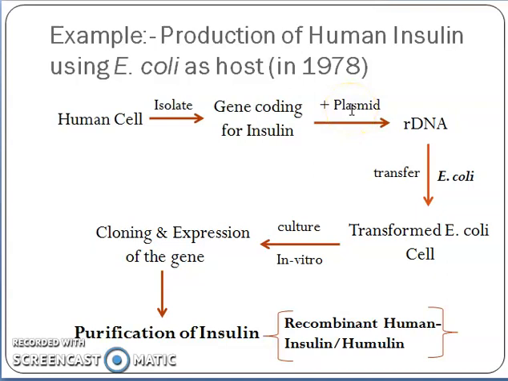Then they did purification of the insulin. And because this insulin was produced by the advent of recombinant DNA technology, it came to be known as recombinant human insulin, or more appropriately, humulin. So that was the story behind the production of this human insulin.